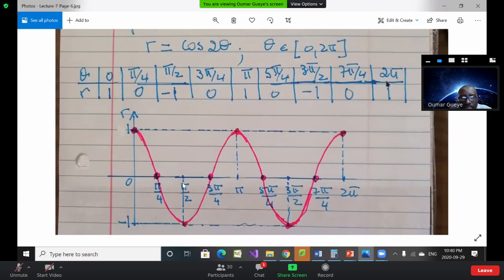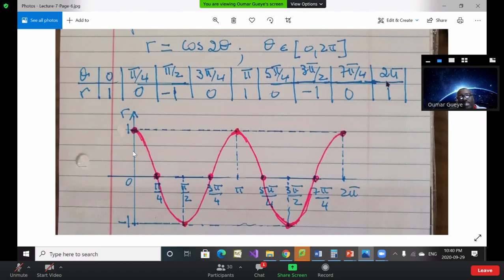And at pi by 2, this third point is exactly what we got here. And the fourth point is here, 3 pi by 4, 0. And the fifth one is going to be here at pi, you get 1. At 5 pi by 4 it becomes 0, this point. At 3 pi by 2, we have -1. At 7 pi by 4, 0 again. And at 2 pi, we'll get 1.